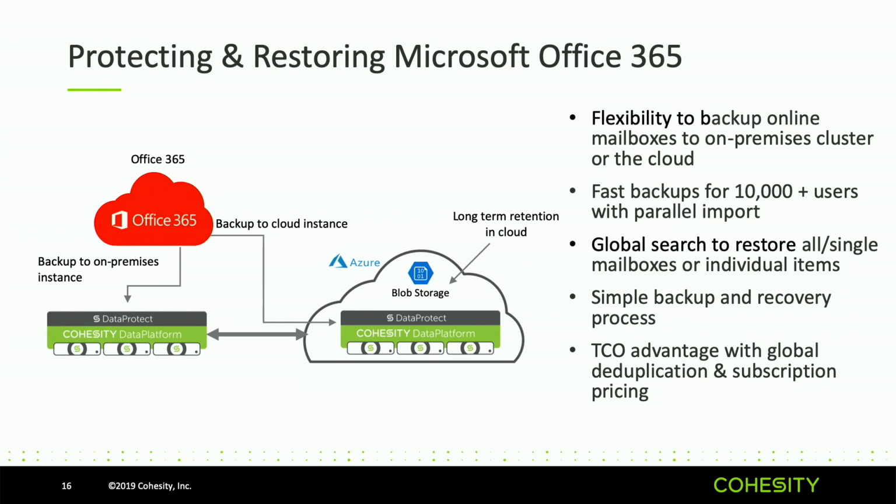One of the benefits that we offer customers is that they can back up their Exchange Online data to an on-prem device or a cloud device, giving them some flexibility to try things out. We do have many customers that start on-prem, so this gives them the option to back up that cloud data if they're not quite ready to go full cloud from the Cohesity side.